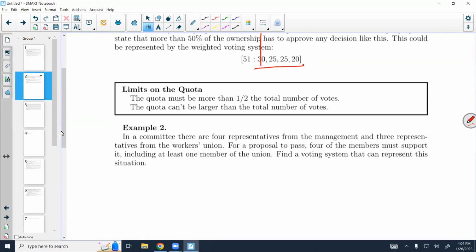So we have 4 management and 3 union. So essentially we have management 1, management 2, management 3, management 4, and union 1, union 2, union 3.